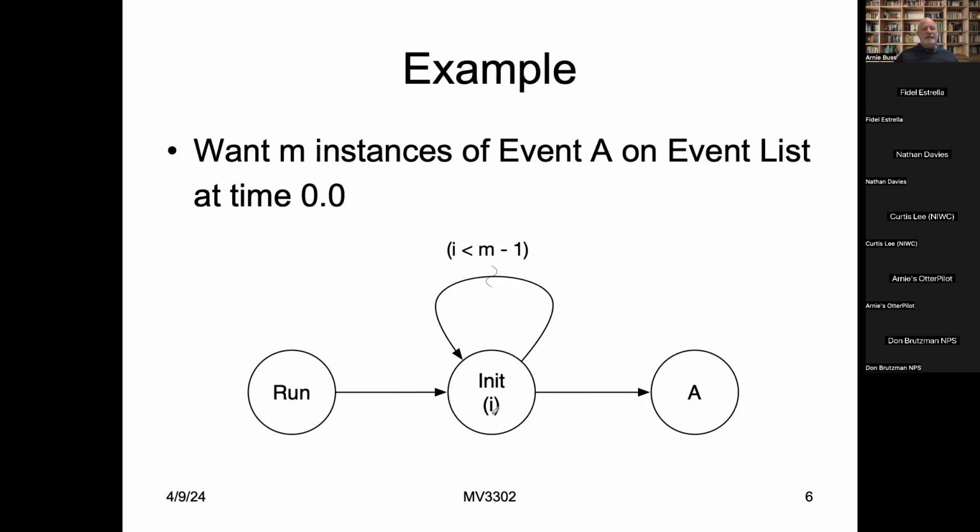And so every time init occurs, it's going to schedule this A. So as soon as this is done finishing its loop, then there are going to be that many of these instances here. And if each time it schedules, there's a delay, then these A's will just pile up on the event list.